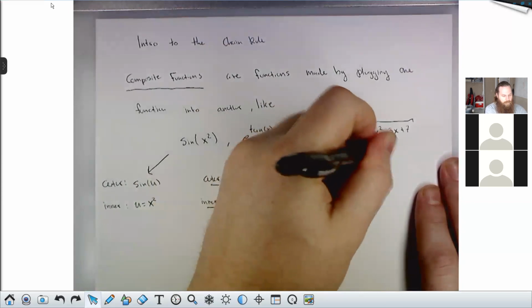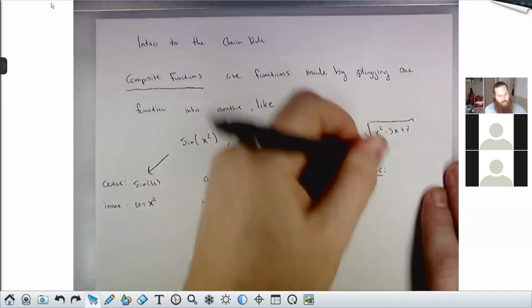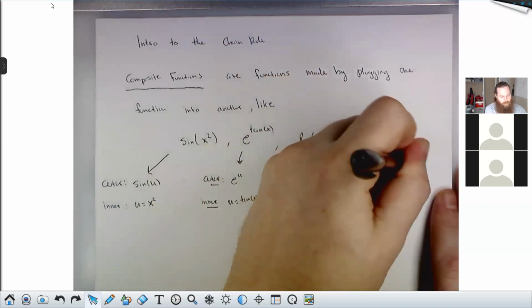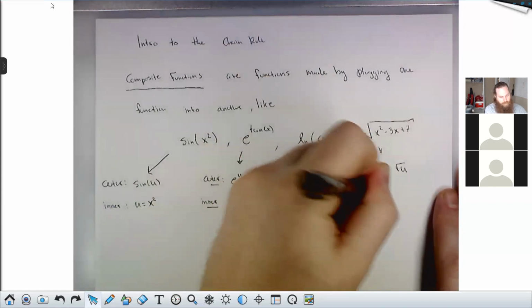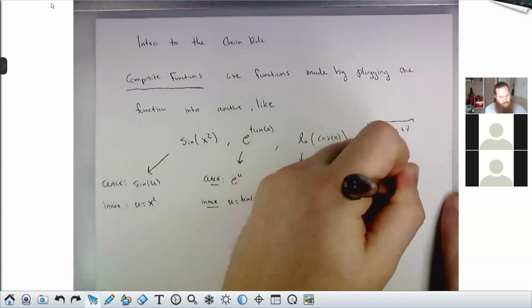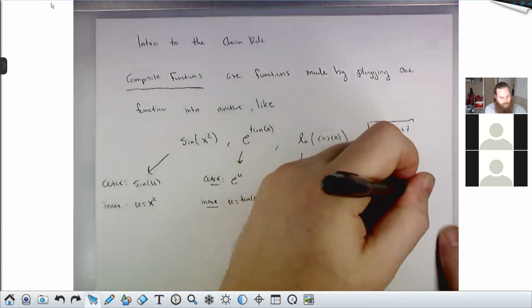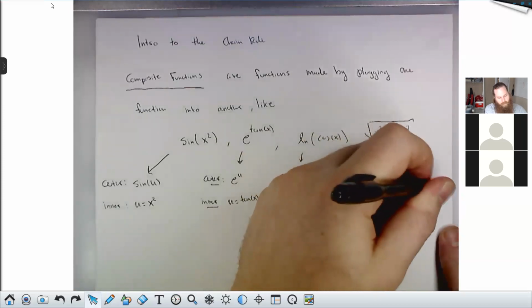And then finally this guy, my outer here would be the square root of u, and my inner is u equals that polynomial, x squared minus 3x plus 7.